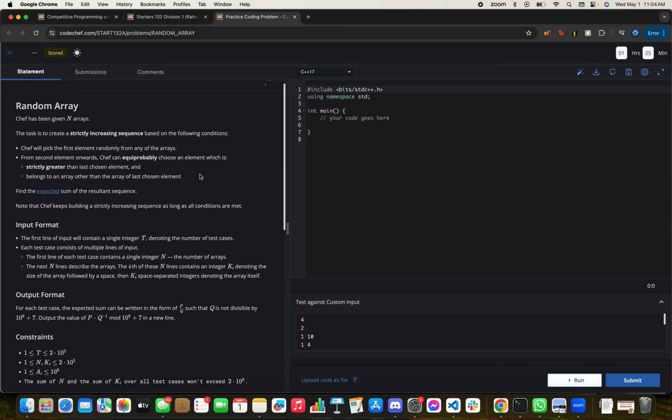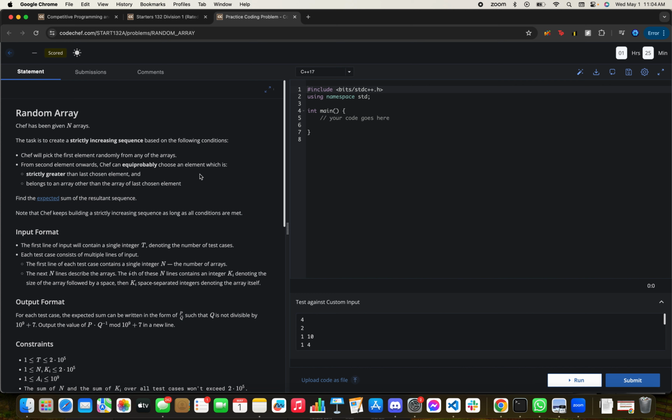I love these problems. First element randomly from any of the arrays, and then from second element onwards, equal probability choose an element which is strictly greater or belongs to an array. It has to be both. So it has to be another array and strictly greater.